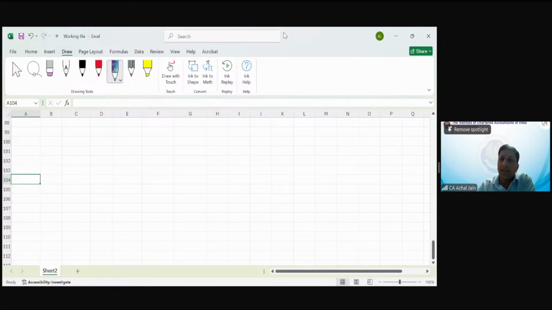All right. Any more questions? I think Smriti has a question. Yes, Smriti, please go ahead. Sir, I just wanted to clarify. Can we say that the company's accounting policy of SLM is based on the accounting estimate of useful life? Yes, that's correct.